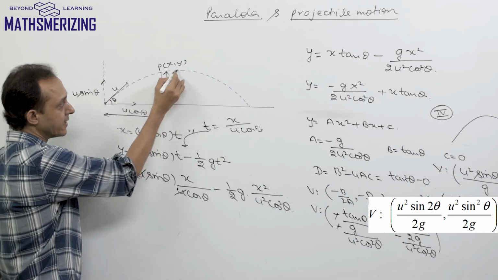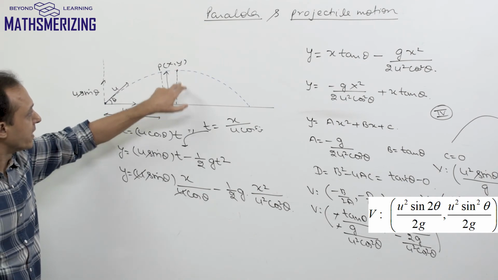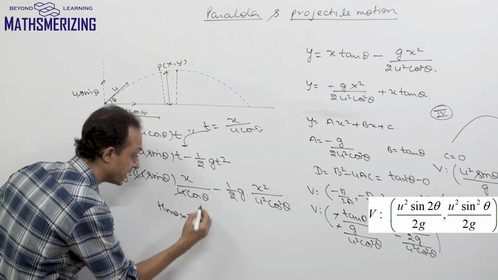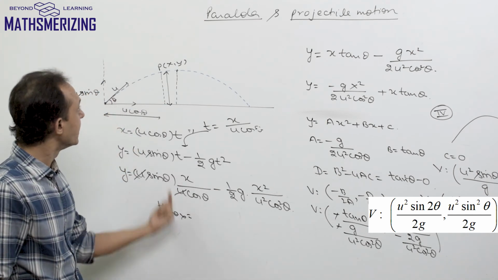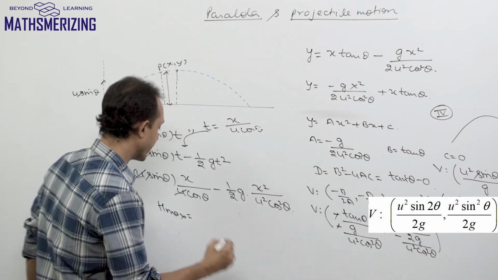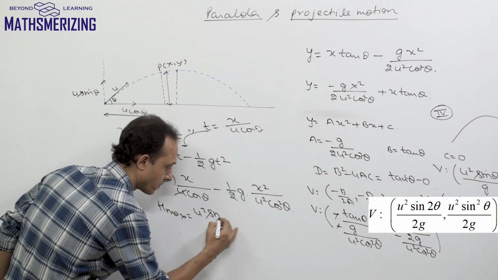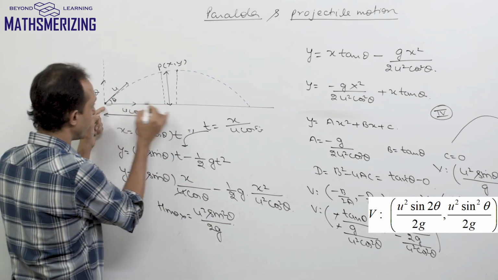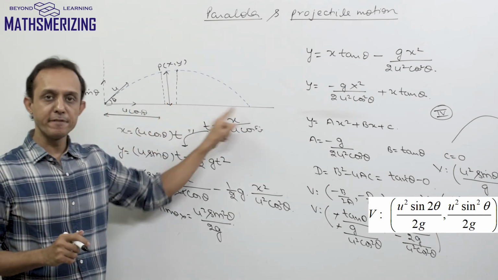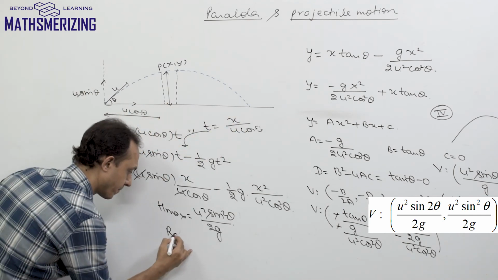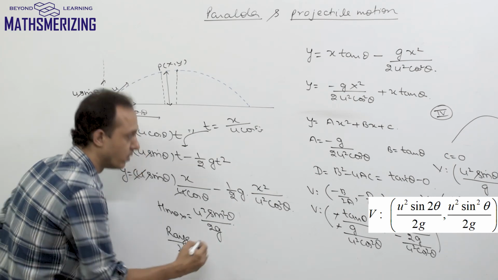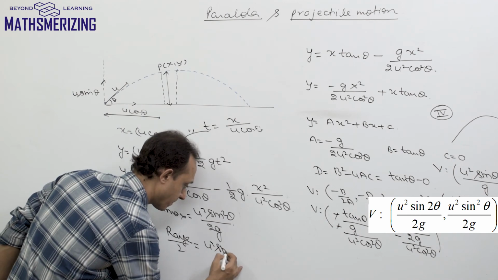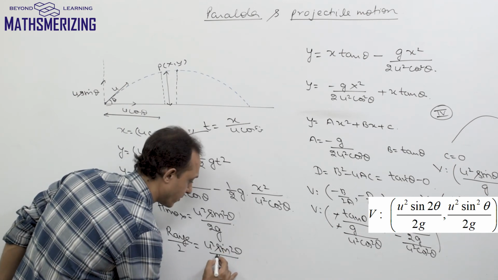So basically we know that for the vertex, the y coordinate is the maximum height. So what is the maximum height reached by this projectile? The maximum height achieved by this projectile will be u square sine square theta upon 2g. And then the x coordinate, in that case, will be half the range, so range by 2, and it should be u square sine 2 theta upon 2g.